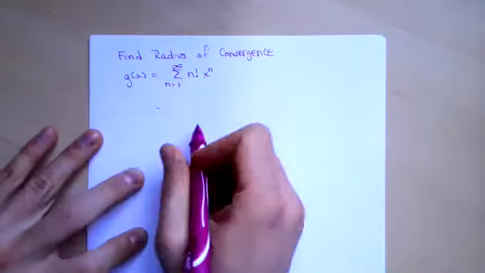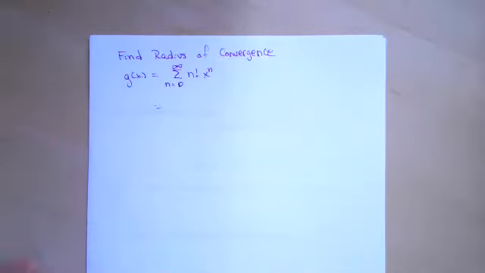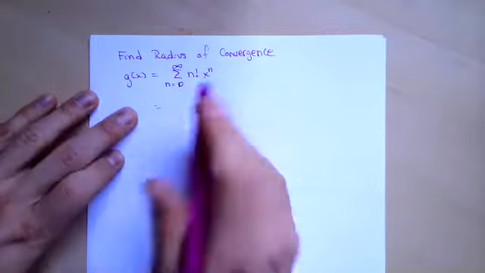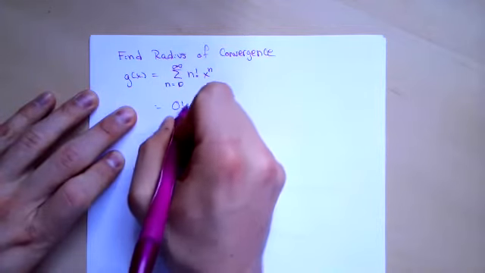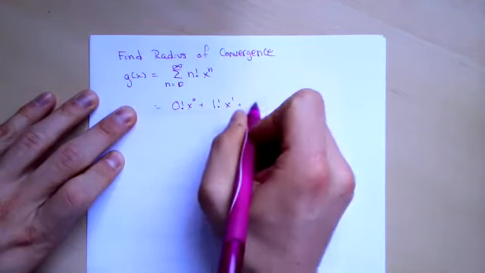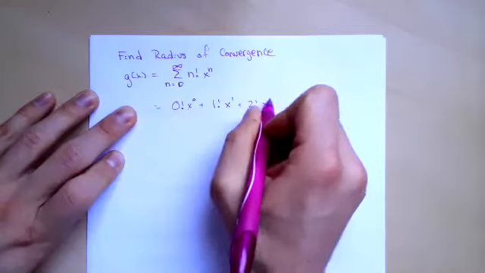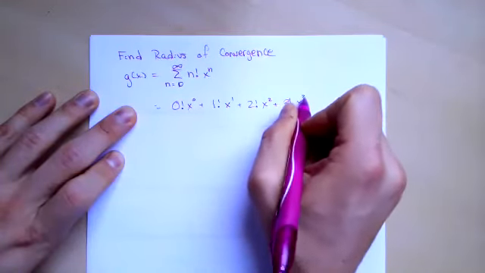So if it helps, always write out a few terms. And actually, let's start at n equals 0. For the most part, all these power series should start at n equals 0, just to include a constant term. So what is that? When n is 0, it's going to be 0 factorial times x to the 0 plus 1 factorial x to the 1 plus 2 factorial x to the 2 plus 3 factorial x to the 3.